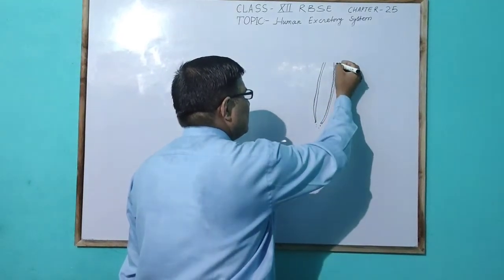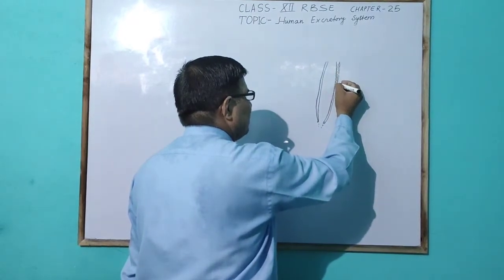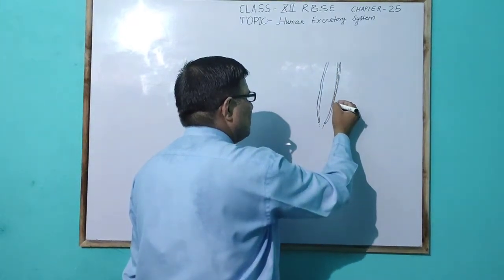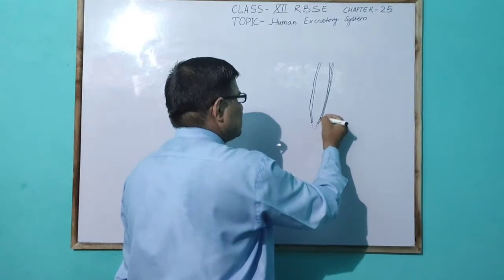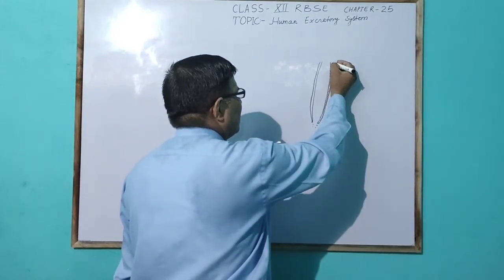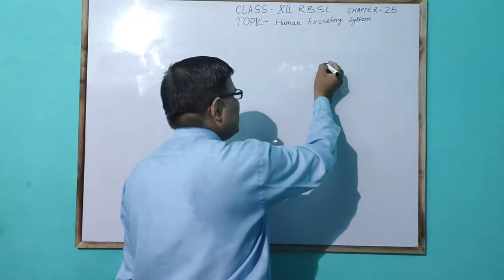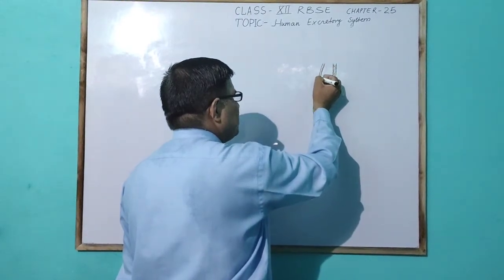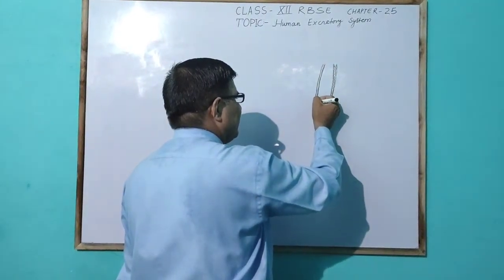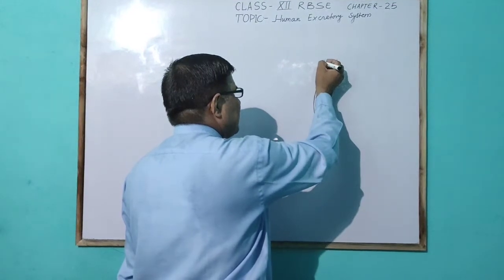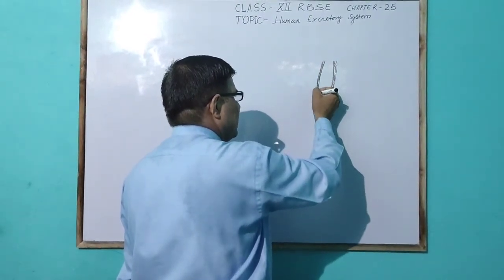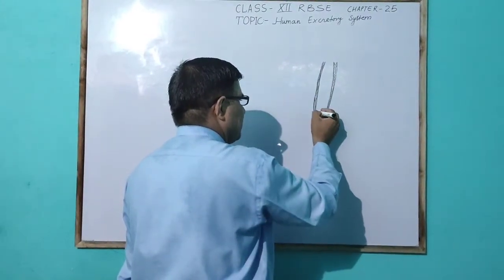It means the ureter takes part in a type of constriction and relaxation. So the liquid which reaches downward continues and is collected in a bladder-like structure, which is called the urinary bladder.